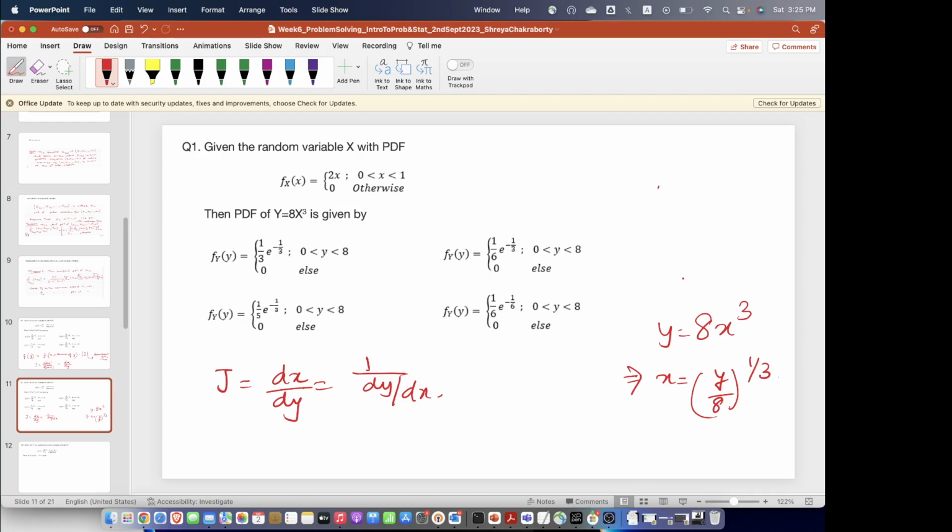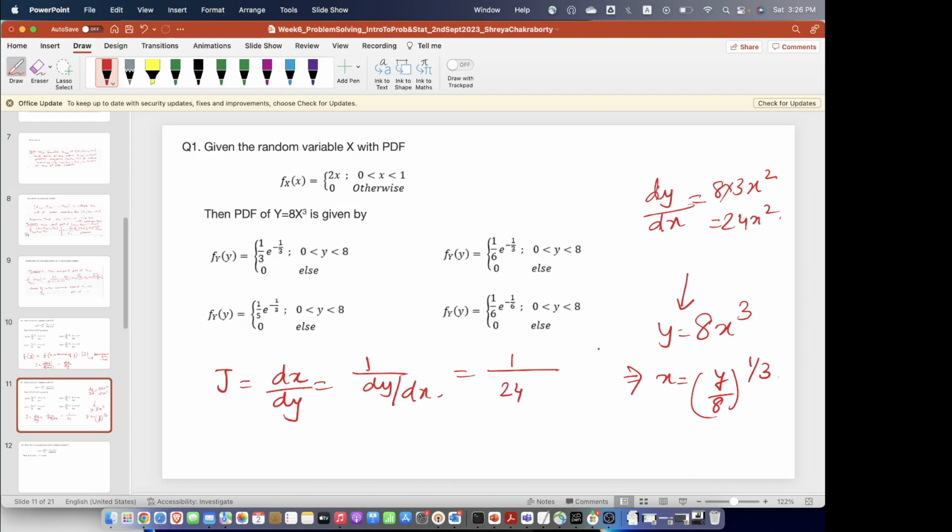And from here dy by dx equals 8 into 3, the 3 will come down, x square, that is 24x square.